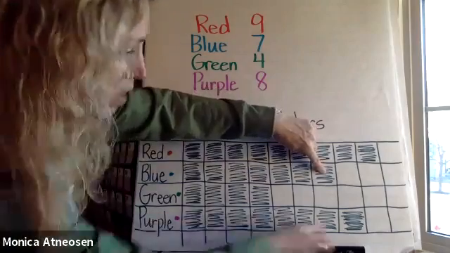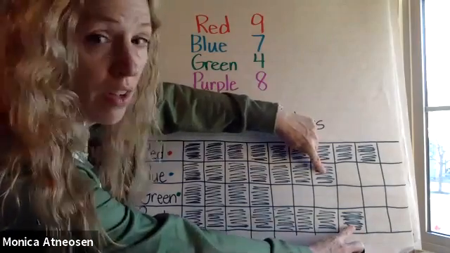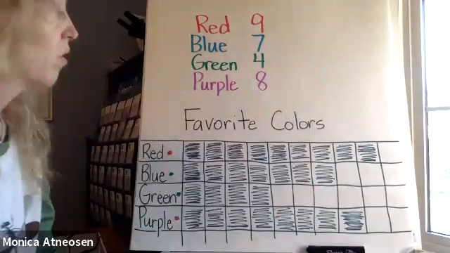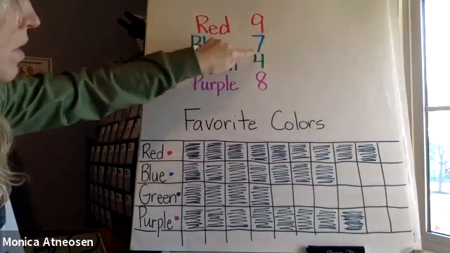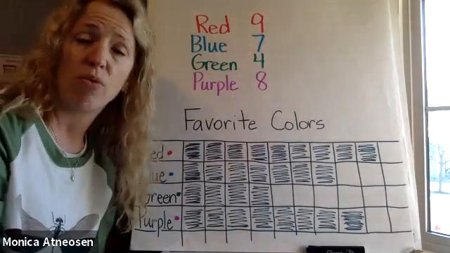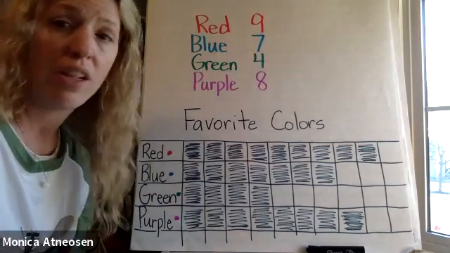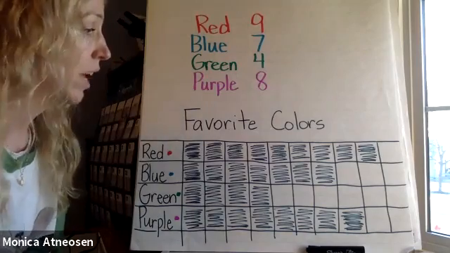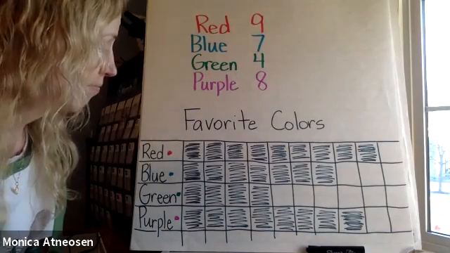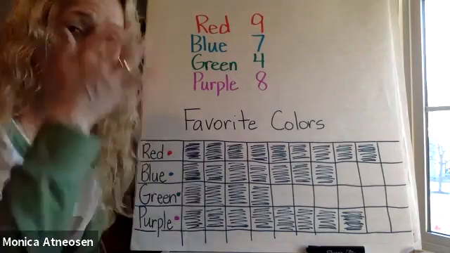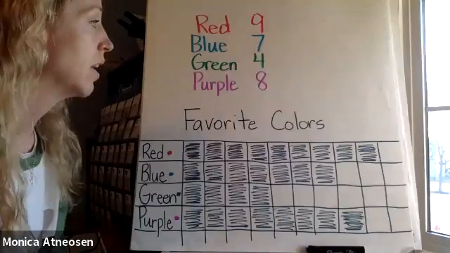Blue goes to here and purple goes to here. No, they're not. They're close. And if we look at the numbers, 7 and 8, they are really close, but no, they are not the same. They are not equal. Do we have any that are equal this time? No, none of them are equal this time.